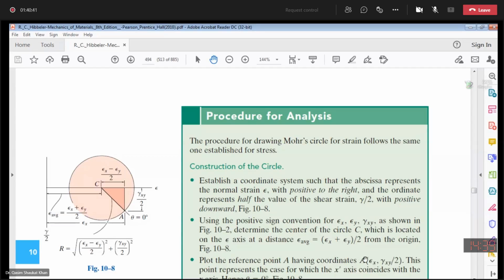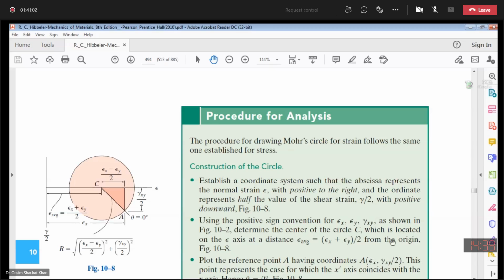This point will be your reference point A.